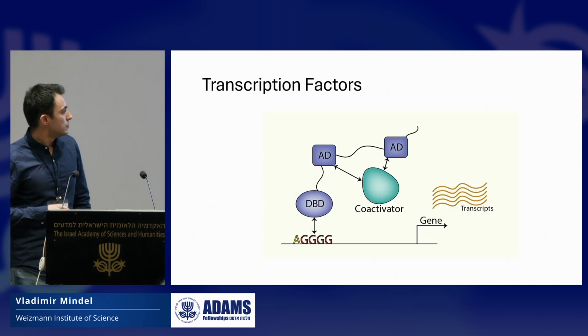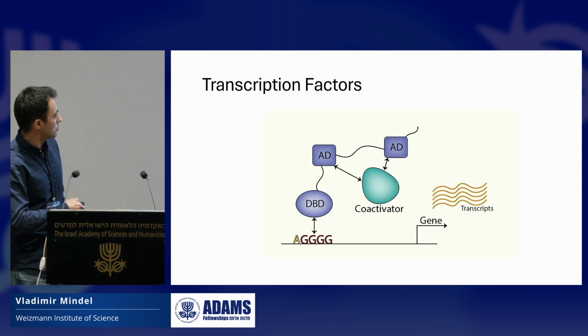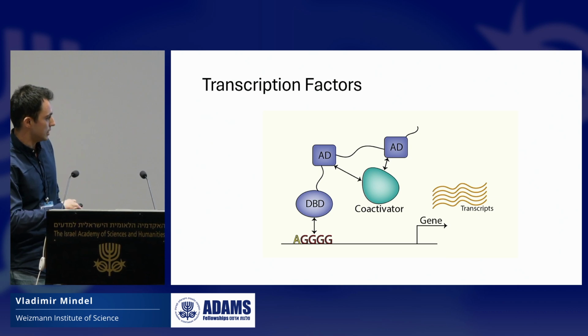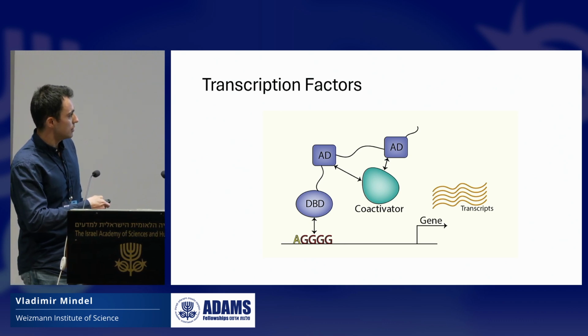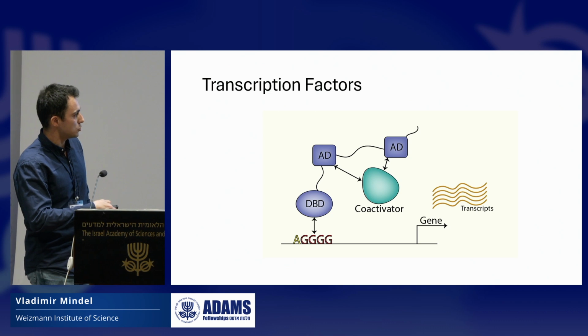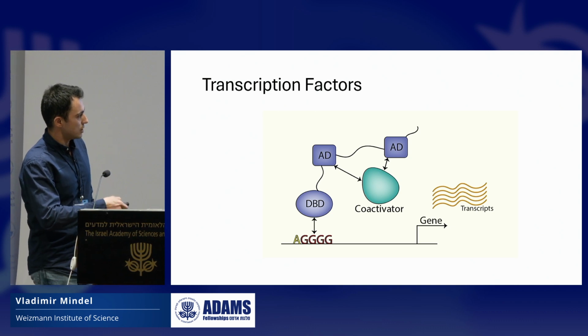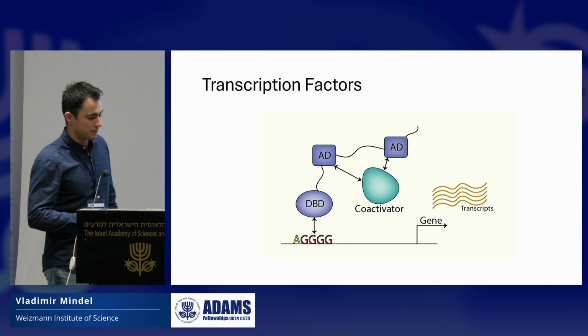So in this linear view, the transcription factor here, denoted by these shapes, knows how to bind specific DNA sequence, like AGGGG here, and then using its activation domains, it can recruit coactivator, which will help to generate transcripts from this gene.